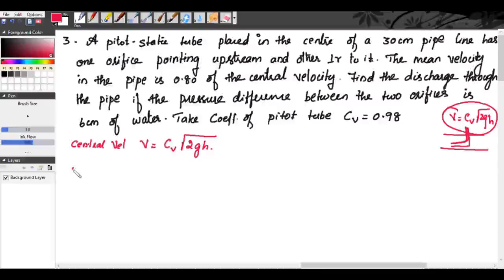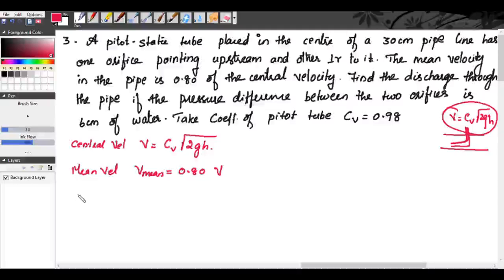It is given the mean velocity, we will write it as V mean, right? Mean velocity is equal to 0.80 times the central velocity.